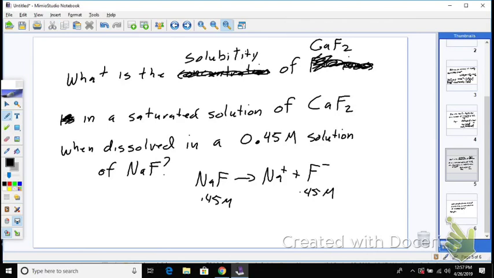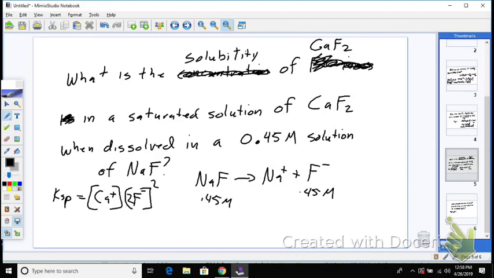Then we set up our expression: Ksp of CaF2 is equal to calcium times fluorine squared.